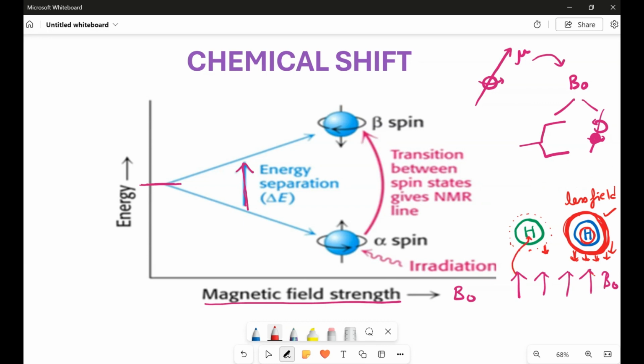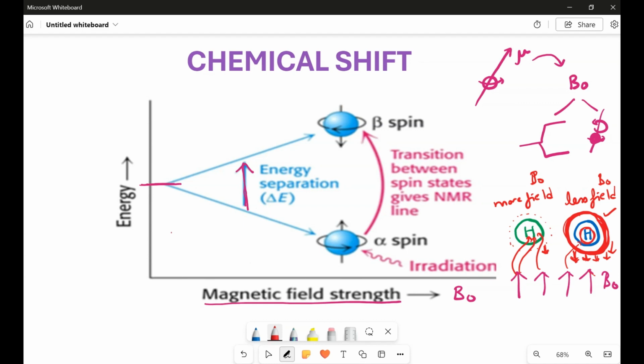So this hydrogen will experience more of B0, and here you will have less of B0, because the electrons surrounding the hydrogens oppose the external field, so less field goes inside.